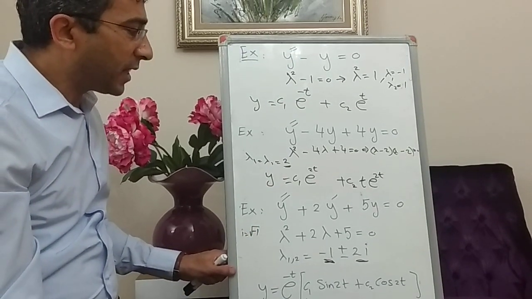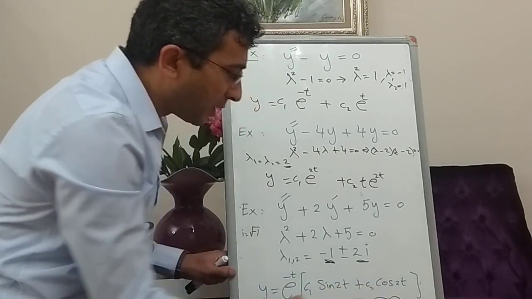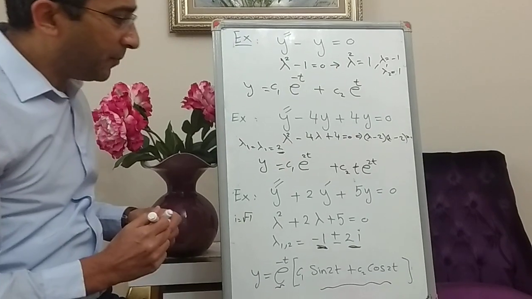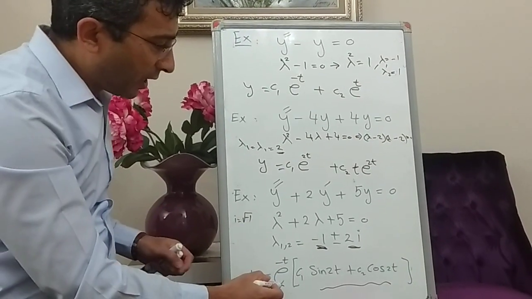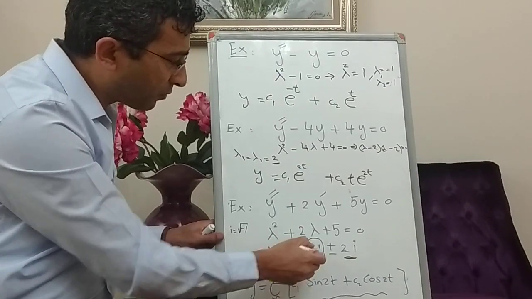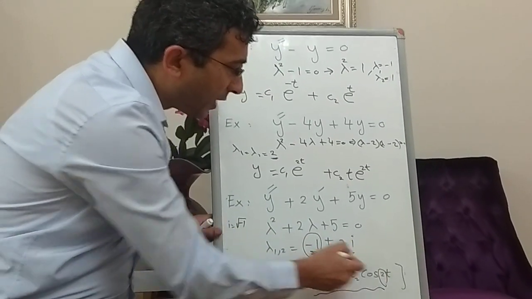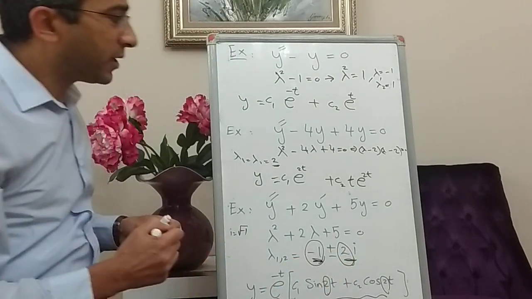So we say that the solution is a combination of sine and cosine functions multiplied by the exponential function, and the power of the exponential function is the real part, which is minus 1, and the angle of the sine and cosine is the complex part.